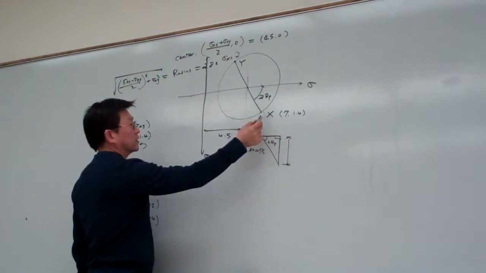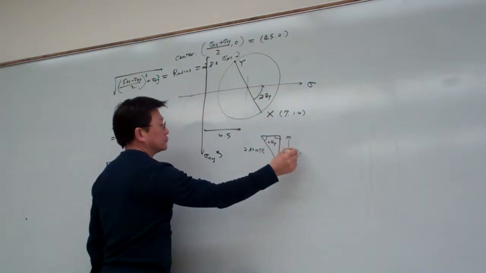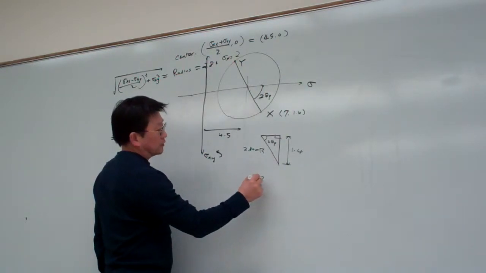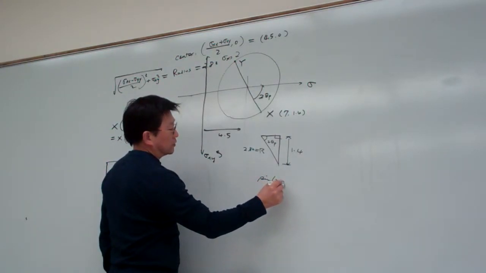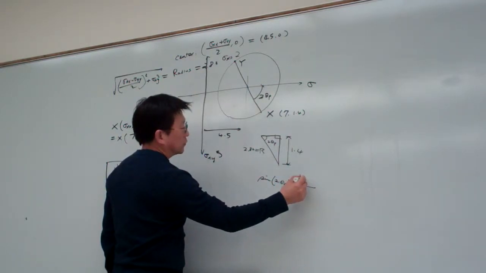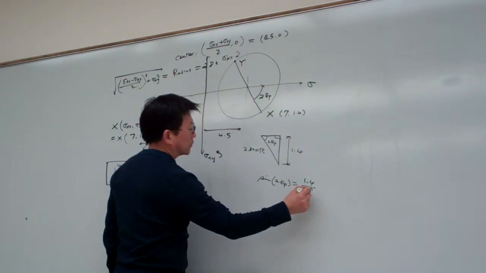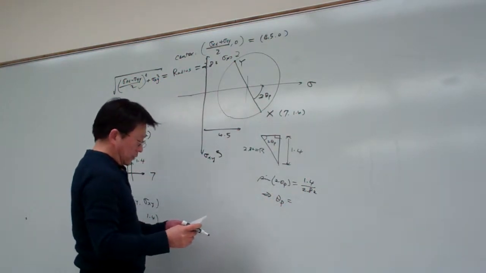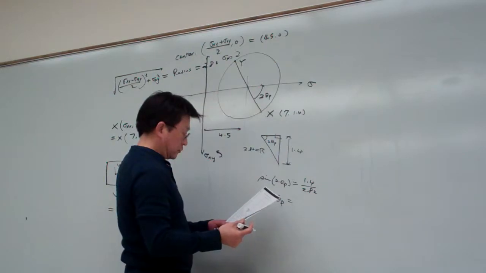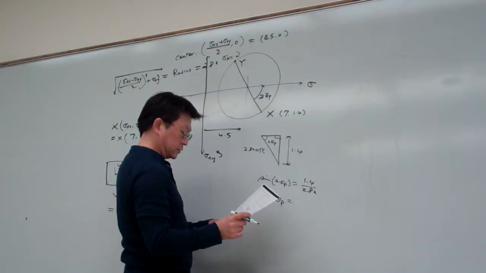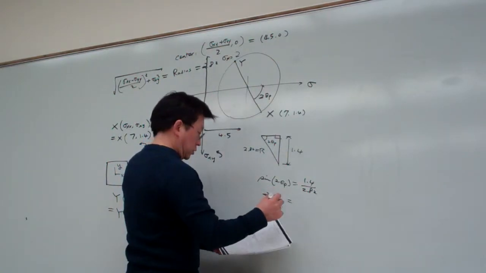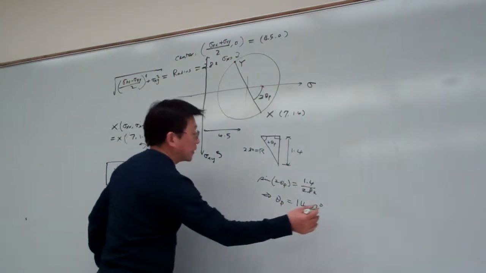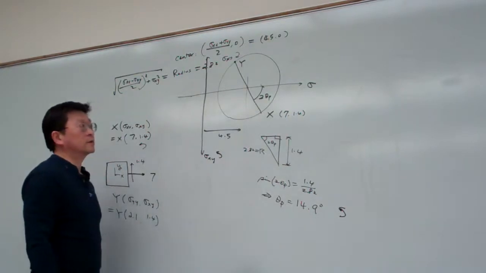This one is given by 1.4. So from here you can see sine 2 theta p equals 1.4 over 2.82. So from here we can determine the theta p value. The theta p value will be equal to 14.9 degrees. Okay, and this one is clockwise.